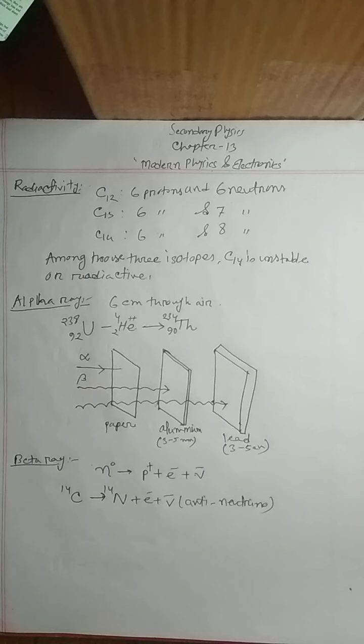The emission of a positron, the antiparticle of the electron, is also called beta radiation. For that, the proton has to be converted into a neutron inside the nucleus, like that.